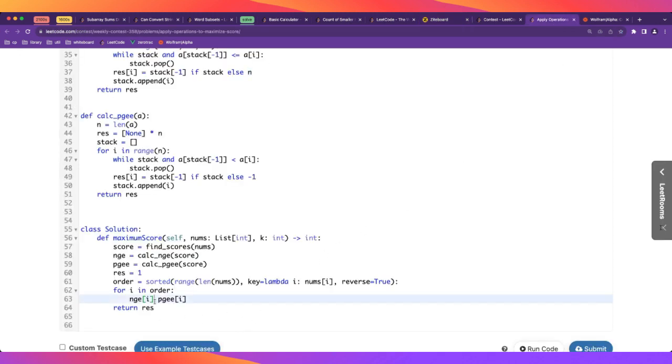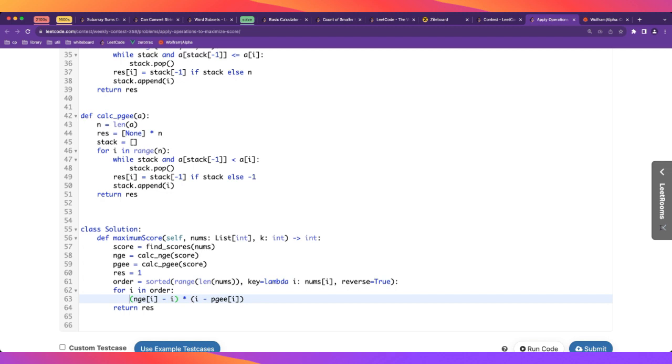So we said that this is going to be a product, and since this is the next one, which is greater than the ith element, and this is the number of right sides of the subarray, and this is the number of left sides of the subarray.